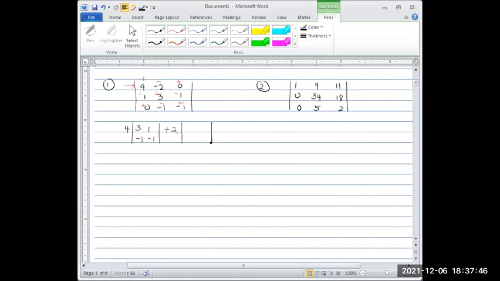So why do you have a positive 2? I have a positive 2 because these two negative signs come together to give me a positive 2 here for my cofactor.